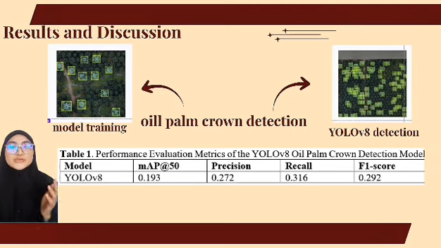However, some crowns remain undetected due to factors such as stem vegetation, overlapping crowns, and the relatively limited size of the training dataset. Nevertheless, the results demonstrate the potential of combining UAV imagery and deep learning techniques for automated oil palm crown detection and plantation monitoring applications.